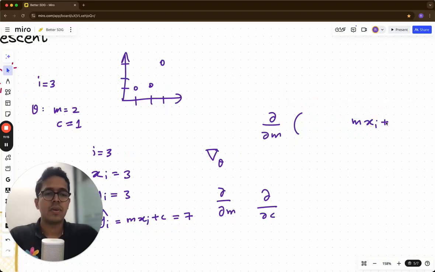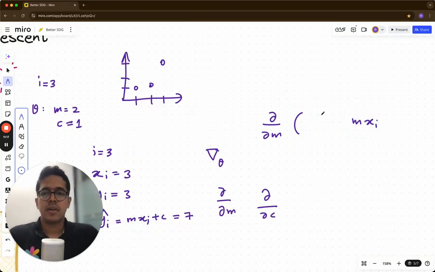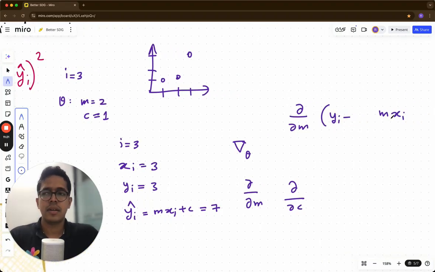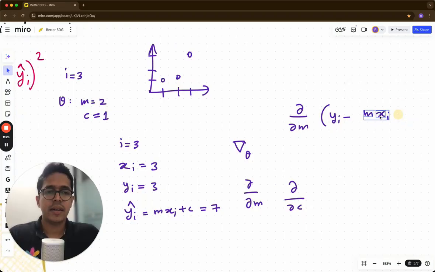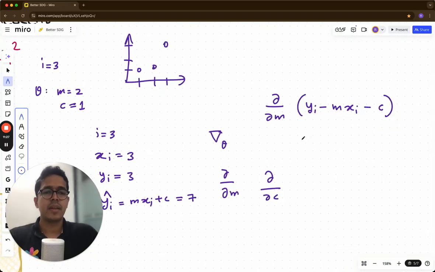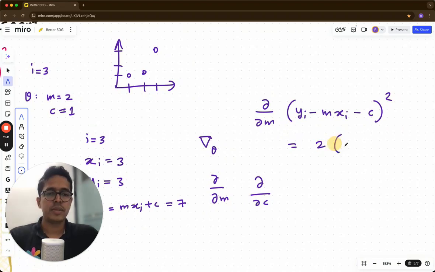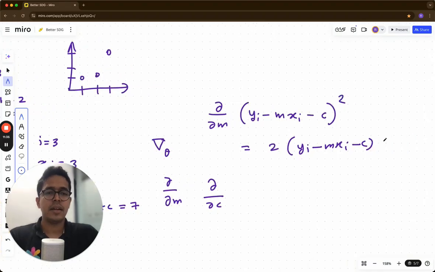So yi minus mxi minus c, and dou by dou m of this square equals 2 times yi minus mxi minus c times minus xi, right?